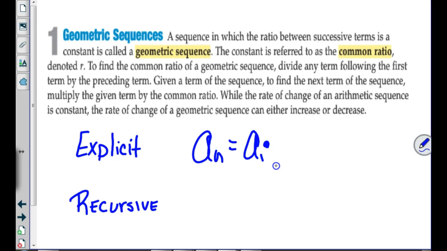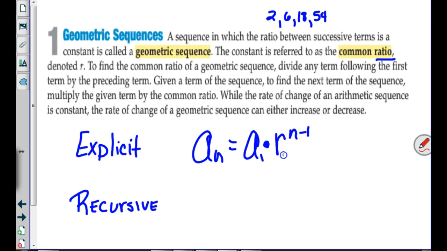And what did we call? It's not D though, because we're not adding or subtracting. Do you remember what we called it instead of D for difference? It's R for the ratio, okay? Because remember, if you had this, you're multiplying by 3 every time, so the ratio where you put like 6/2 or 18/6 or 54/18, those would all be 3. And you are right, it is to the n-1.